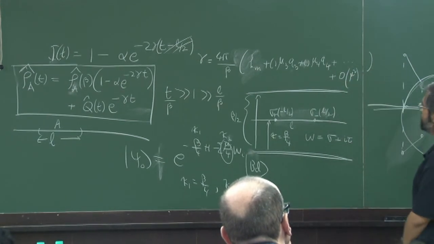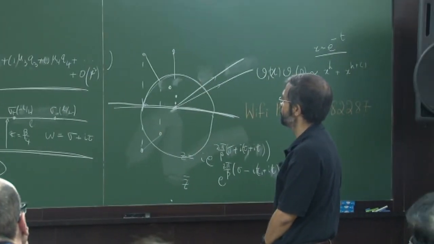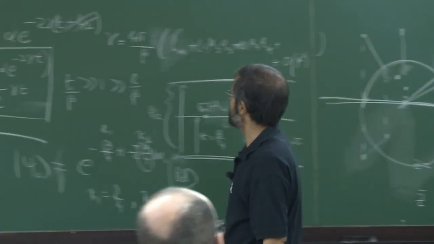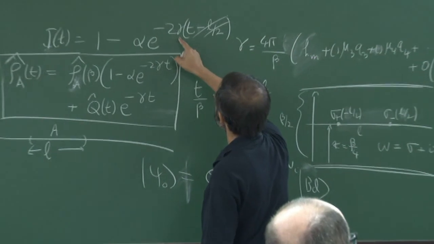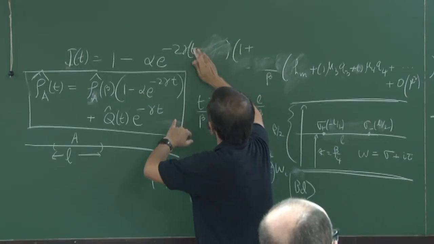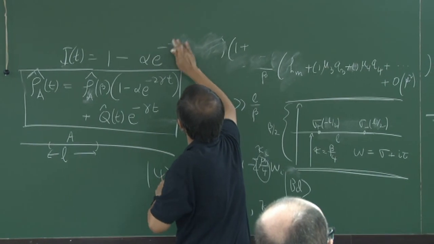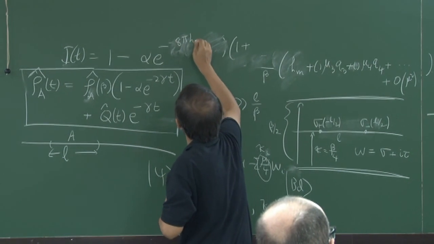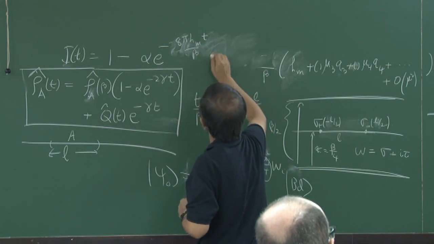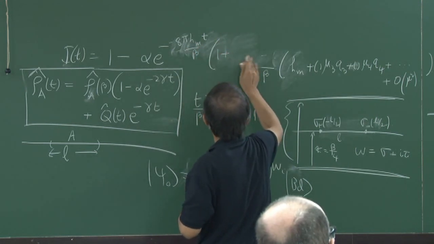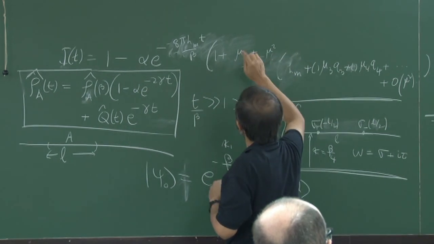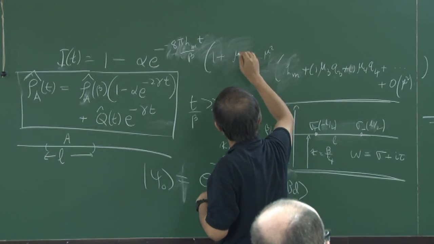Order mu squared terms we are not able to compute yet by our methods, but as I said, our calculation starts with this and then it has 1 plus everything other than this, 8 pi h_m t over beta. The whole thing was mu squared, etc. But we can compute the coefficients here.